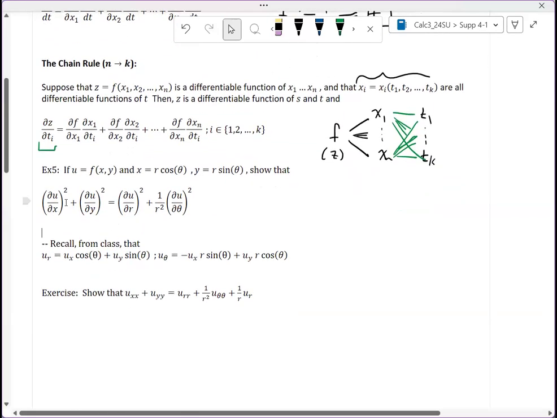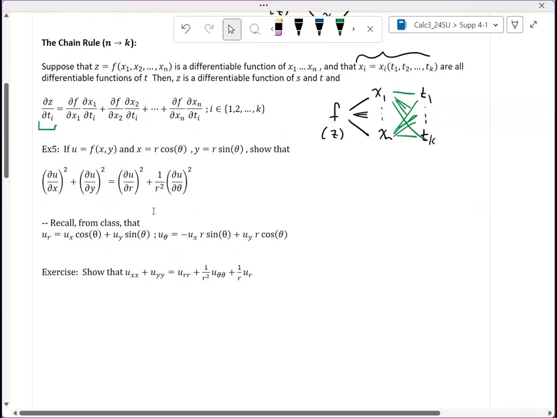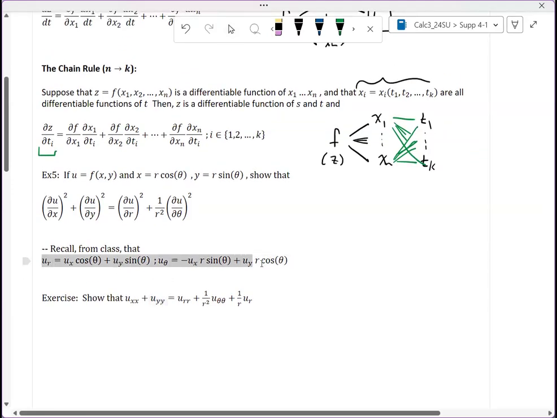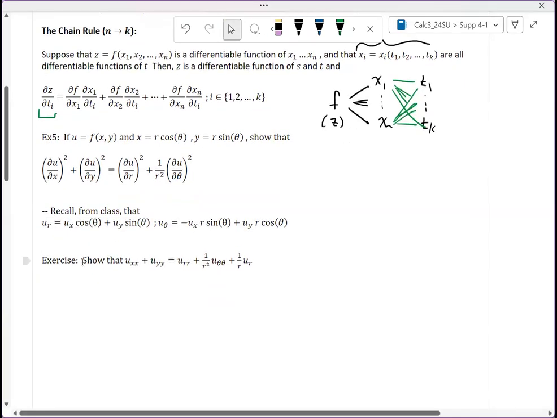Okay, so example 5, if u equals f of x,y and x equals r cos theta and y equals r sine theta, we showed this in class, this first relation here with the first partials. And we showed that these were the first partials, which we'll use for this next exercise.